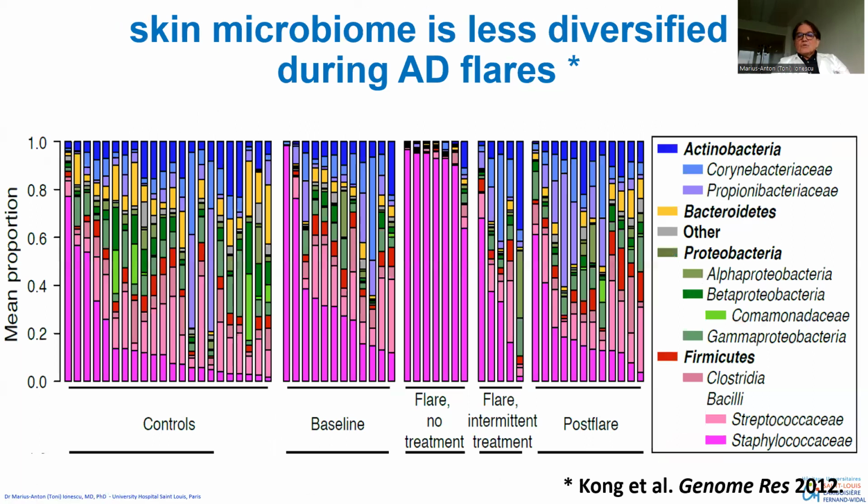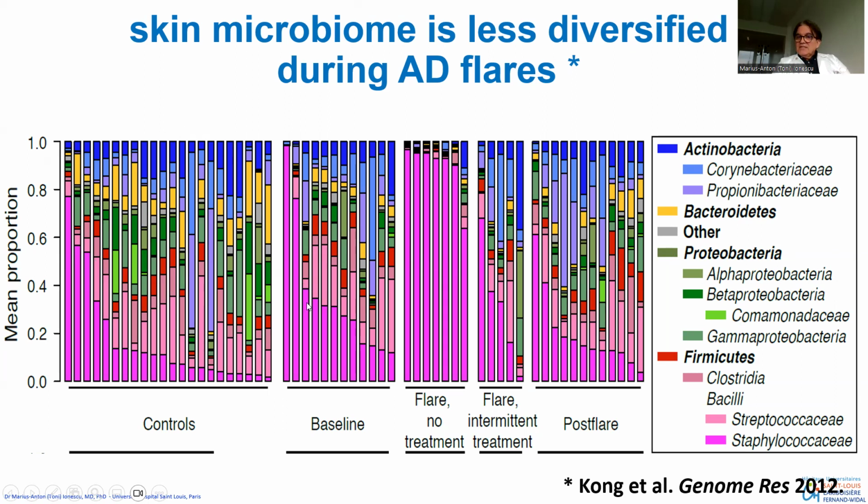This is an article that was published by an American team in 2012. And you can see on the left part of the slide, each color representing a phylum. You can see that there is a very important diversity of the skin microbiome in normal individuals, non-atopic dermatitis individuals.